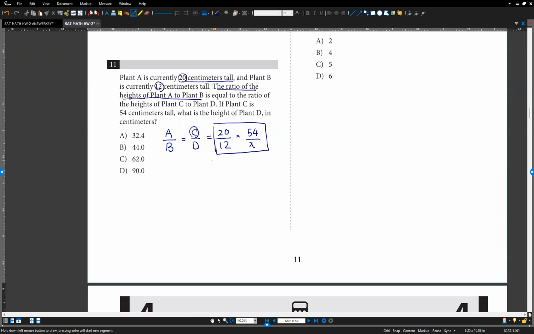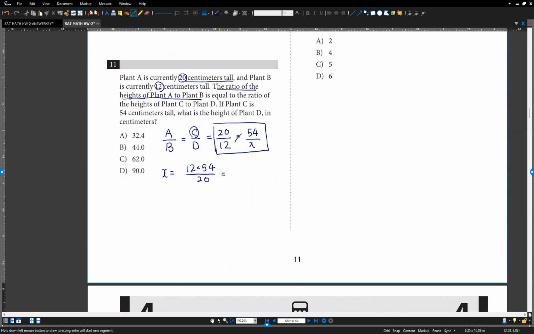That's a proportion, okay? So you can quickly calculate this proportion. 20x equals 12 times 54. So 12 times 54 divided by 20. Around 30, right?